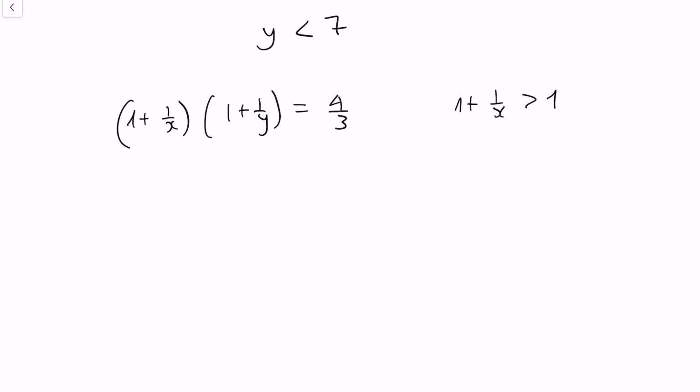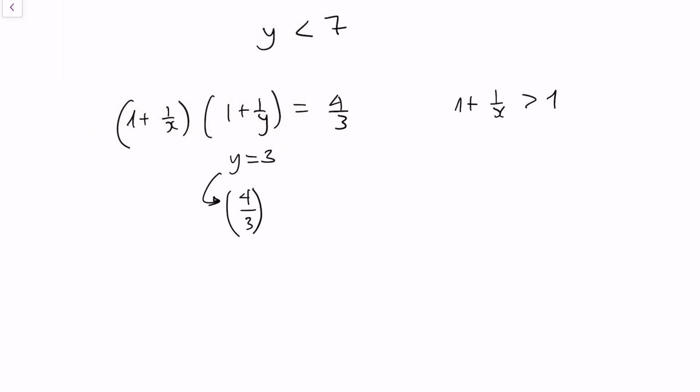So if you test 3, if y is equal to 3, you will see that you have 4 over 3. But again, there's a problem here because we're multiplying that by something bigger than 1, right? So we can't have y to be 3 either.